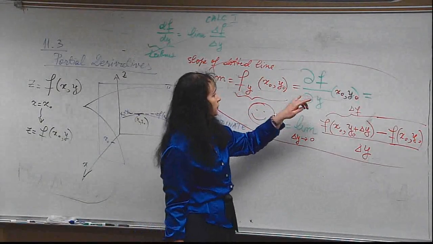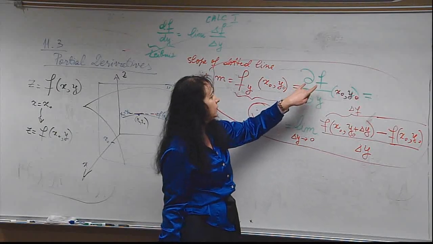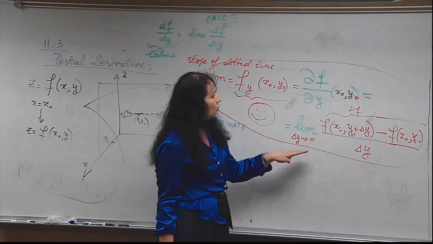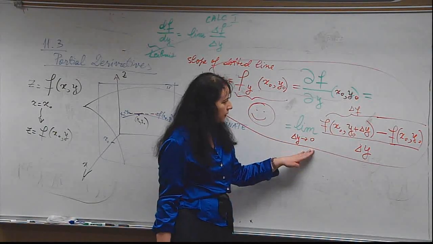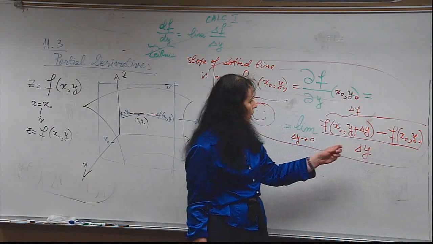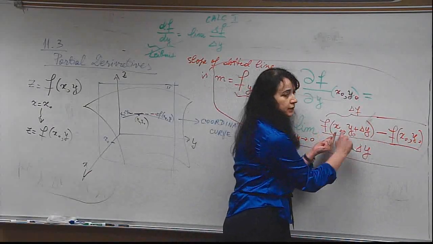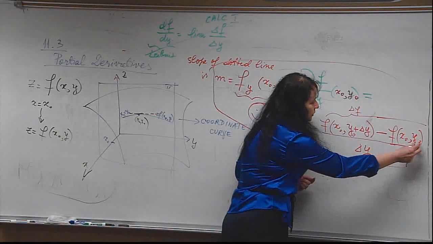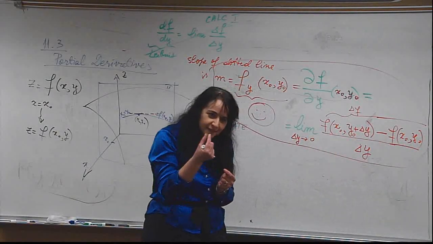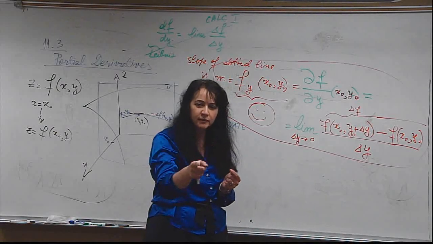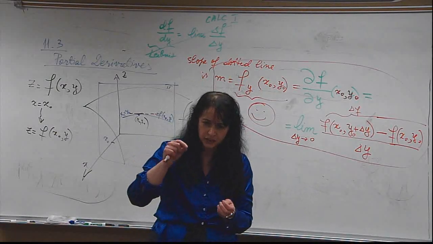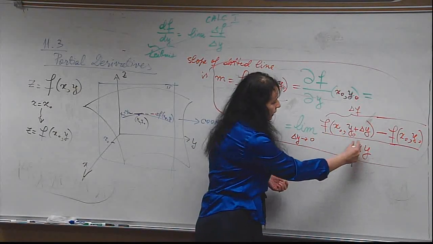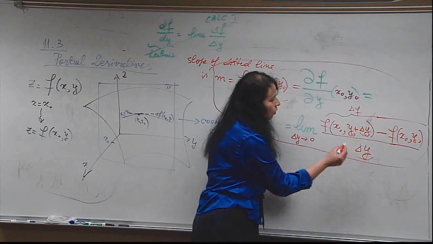Or, for most mathematicians, df or del f del y at x0, y0, which is by definition the limit of this difference quotient. So x0 is held fixed in both cases. y0 is allowed to deviate a little bit. So y0 is fixed, but you displace it by a little delta. Or by a little, how did we denote that in Calc 1? Little h. So delta y, sometimes it was called little h, and this is the same as little h, over that h.